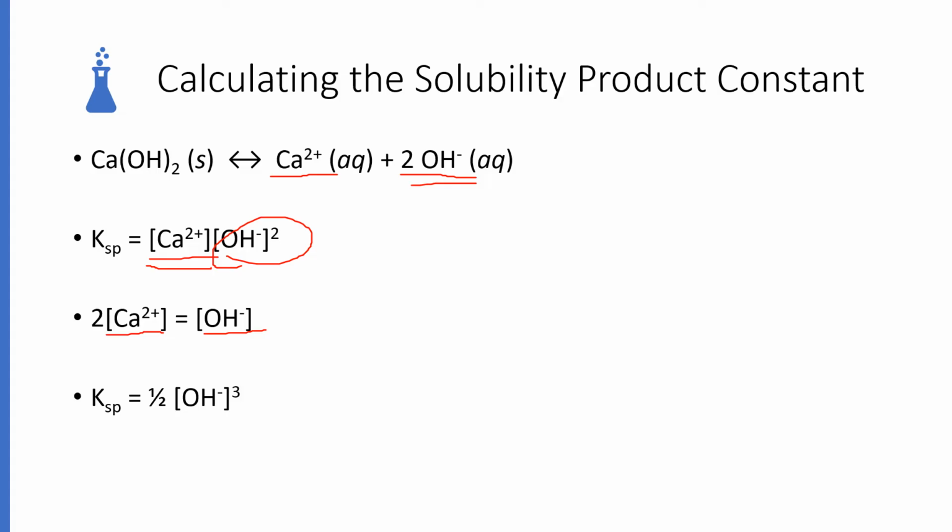So this means that our concentration of calcium 2 plus, pardon my writing, this is not the most efficient method, is going to be equal to 1/2 the concentration of OH minus.